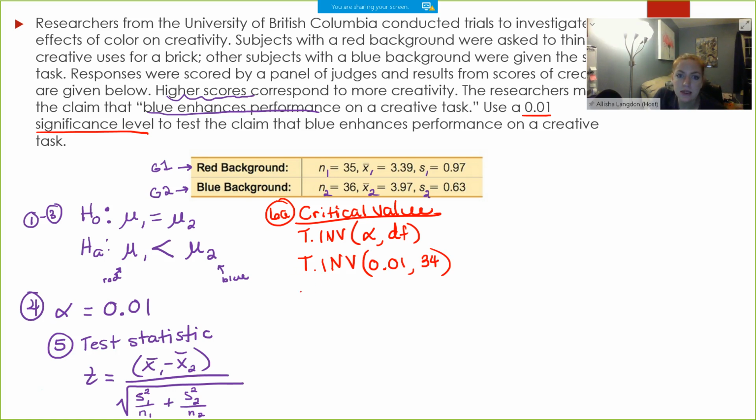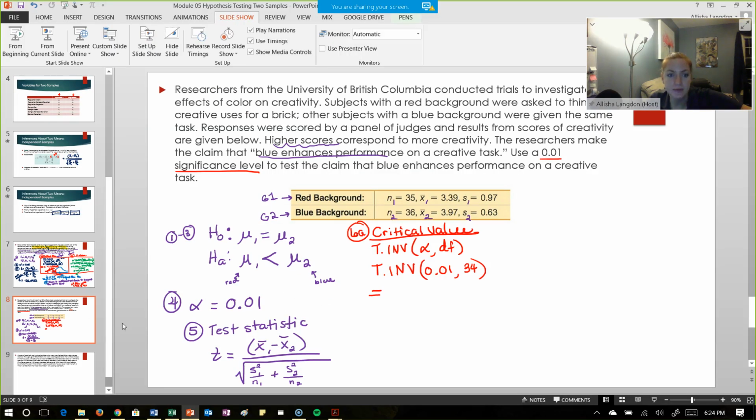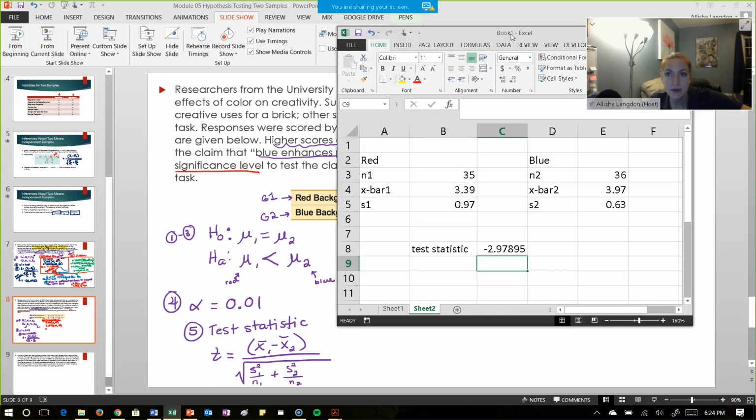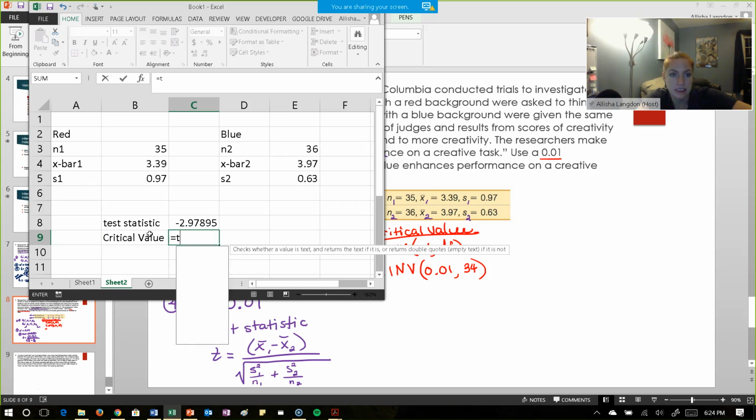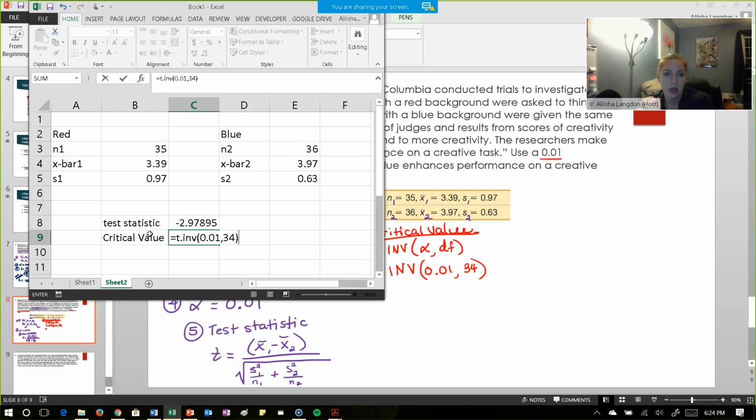Okay, so let's go ahead and plug it in and see what we get for our critical value. See if we get anything exciting. So this will be our critical value equals T dot inverse 0.01, comma 34, close parentheses.